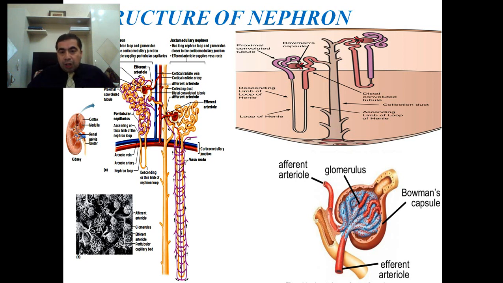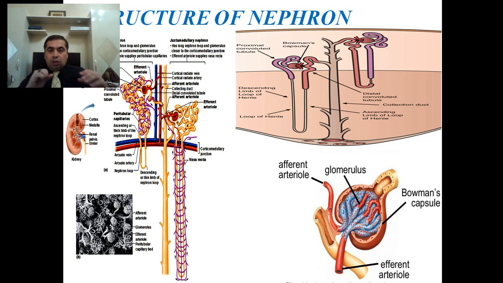Here begins the special way, the intrarenal way of removing urine from the kidney. It begins with the collecting tubules, then passes to the papillary duct, minor calyces, major calyces, and the renal pelvis. It's the intrarenal part of this way.